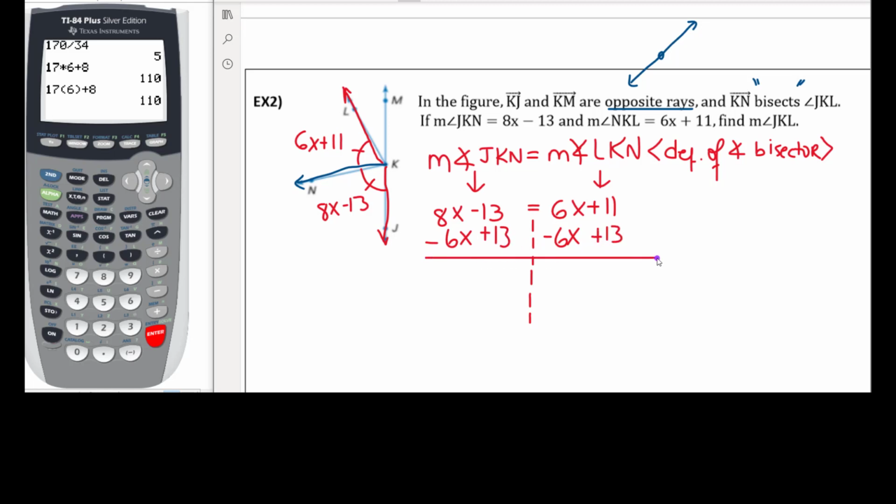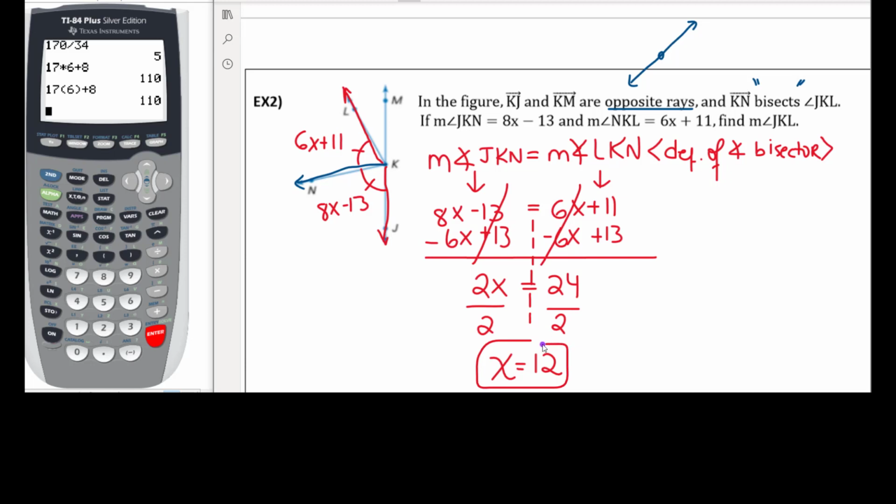When we do that, the 6x cancel, the 13 cancels, 8 minus 6 is 2x, and 11 plus 13 is 24. We divide both sides by 2, and then we get x equals 12.